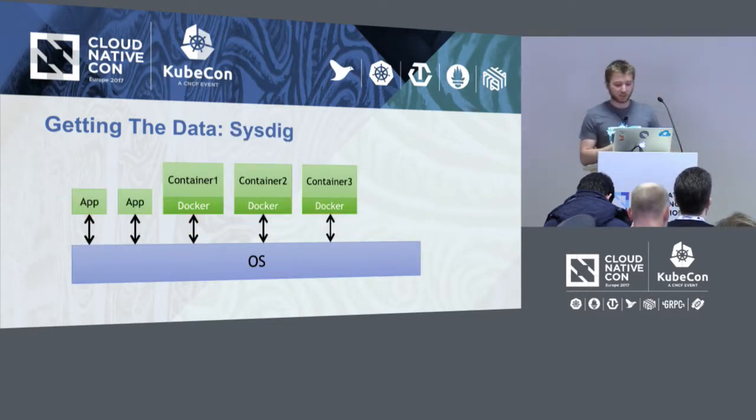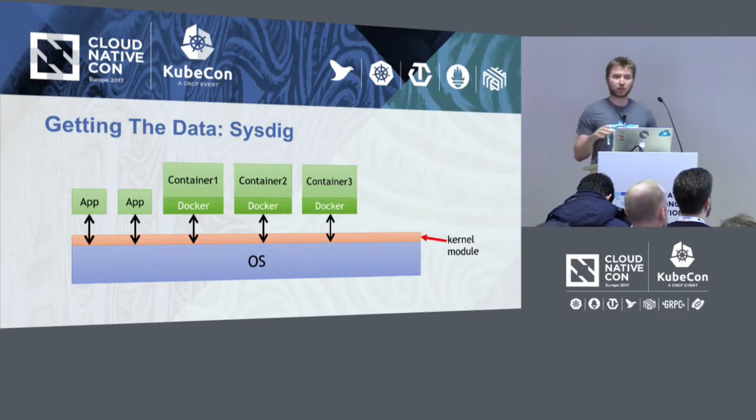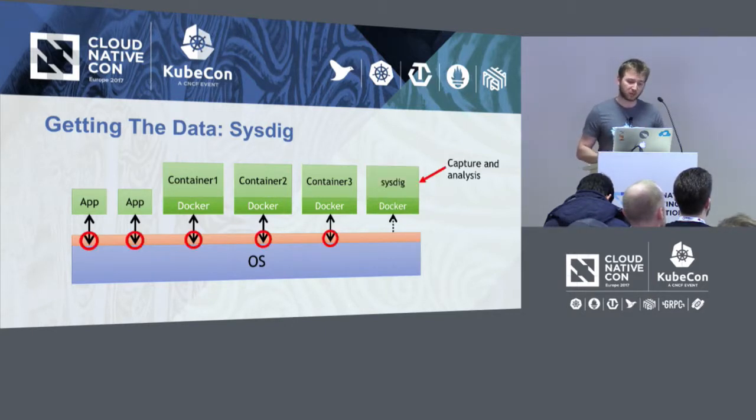Another one, which is the one that we tried at Sysdig, is essentially following the principle of not having the user modify the configuration of his infrastructure at all. And so what happens is that Sysdig taps at a much lower level. With a little kernel module, we intercept all the system calls that all the processes in the containers are doing, and also the processes outside the containers are doing.